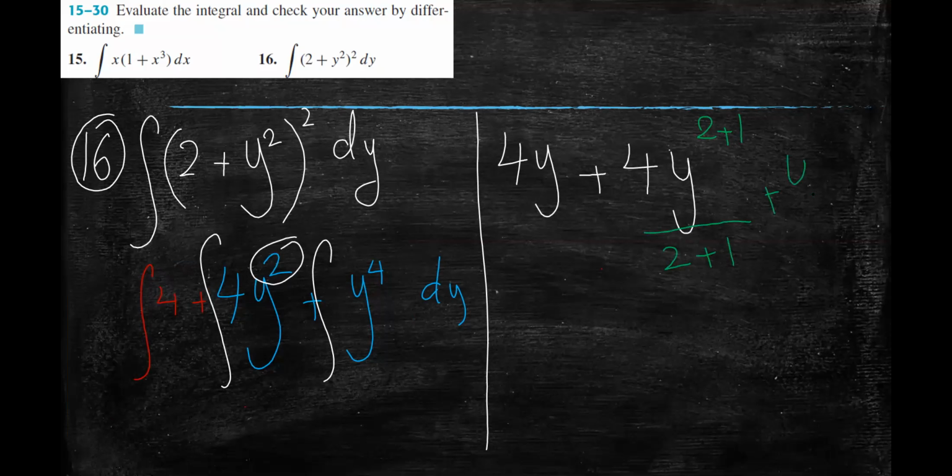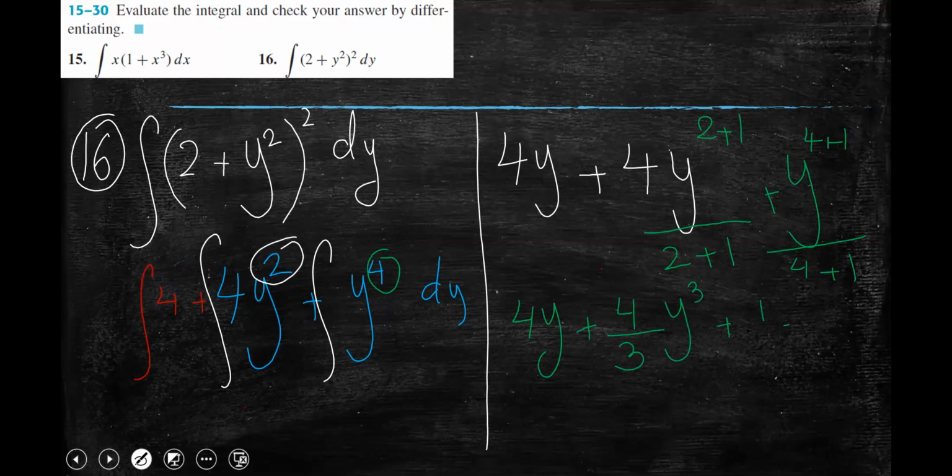Plus y, now the exponent here is 4, so 4 plus 1 over 4 plus 1. So it will be 4y plus 4 over 3 y cubed plus 1 over 5 y to the power 5, and don't forget plus c.